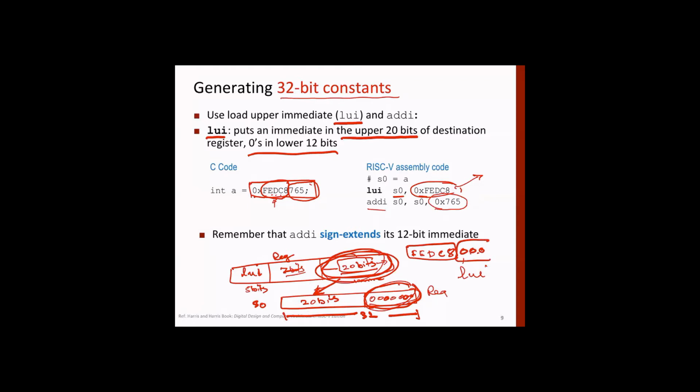Now you need some value here in the register which corresponds to 765. Then you do, in this number, if you add 765, you get what you wanted, that is FEDC8765. Okay, got it? So that's the reason we do add immediate.